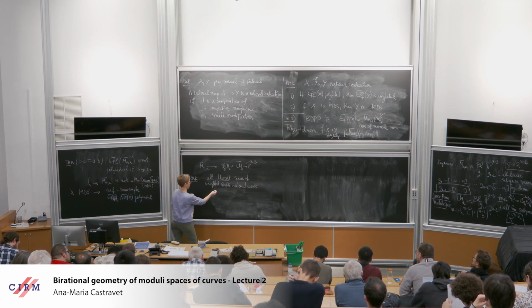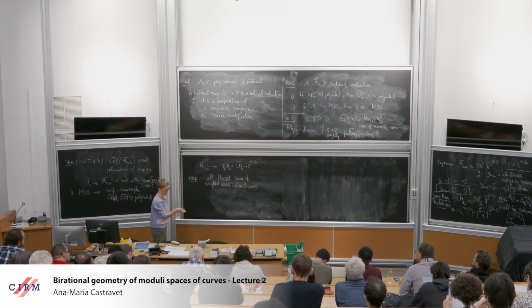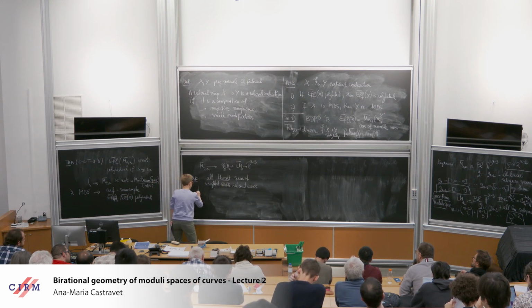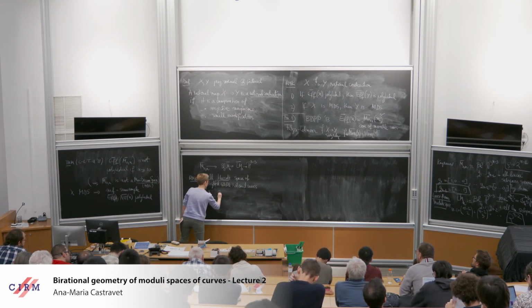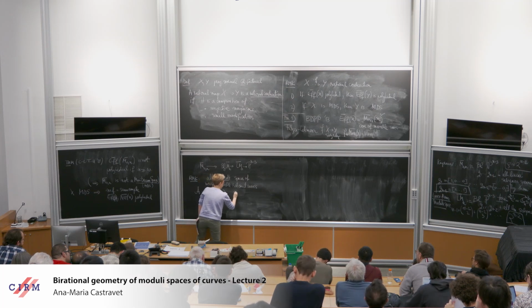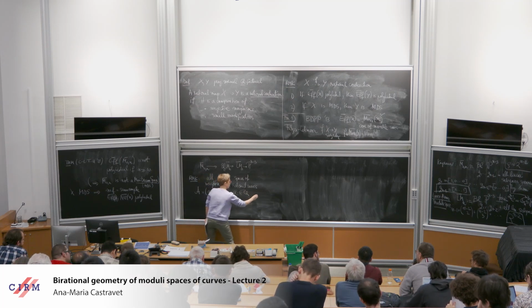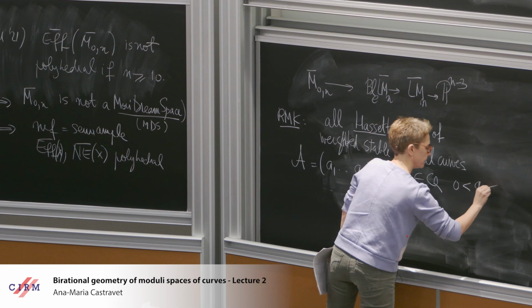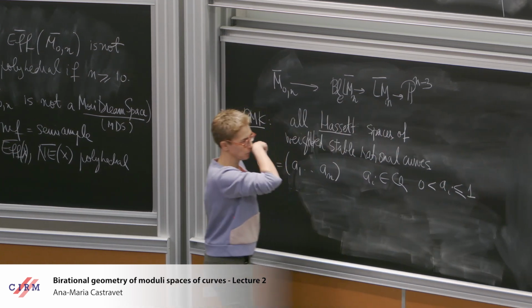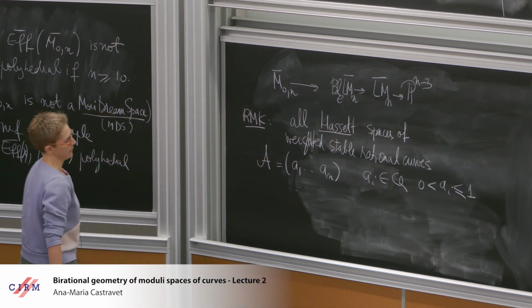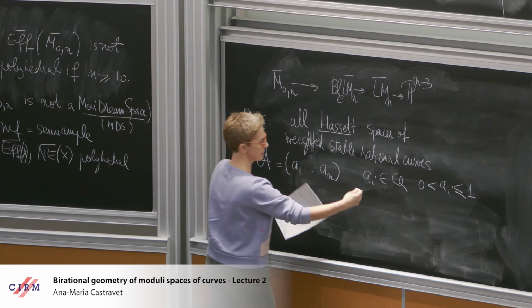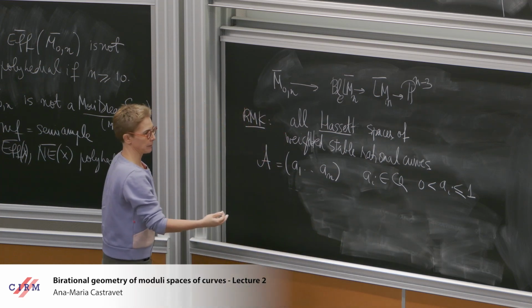So here the stability is just adjusting; you have a set of weights which are rational, and some conditions, so the weights, all weights 1 will give you M0n bar, and then other weights will give you simpler moduli spaces.